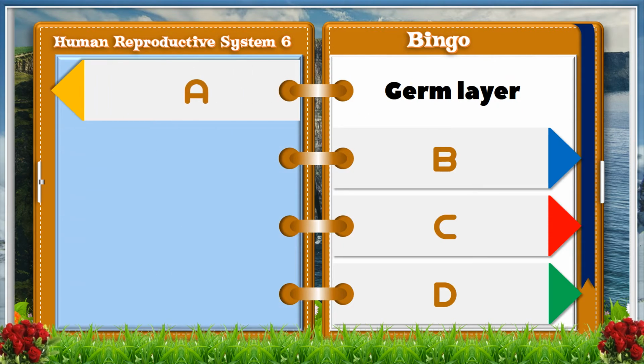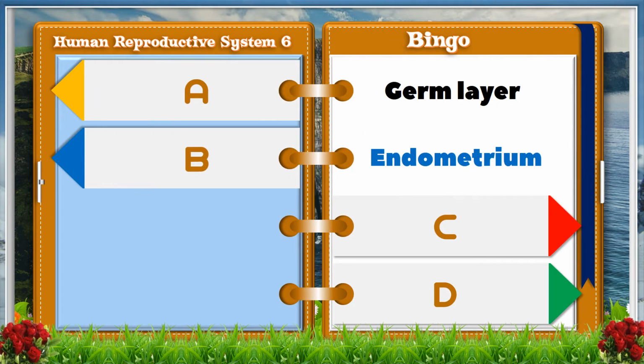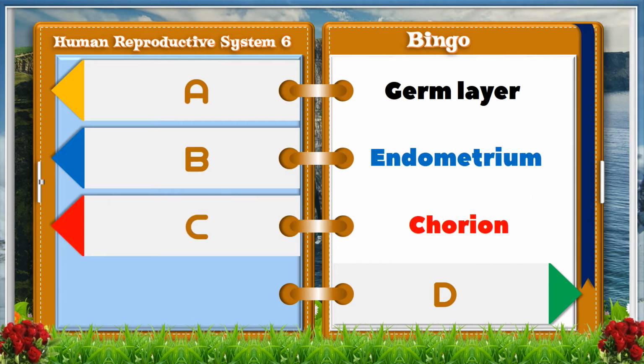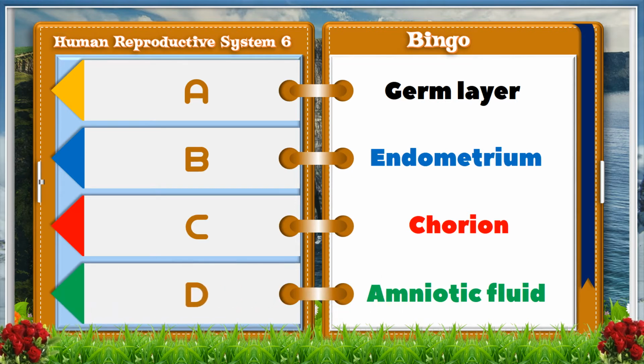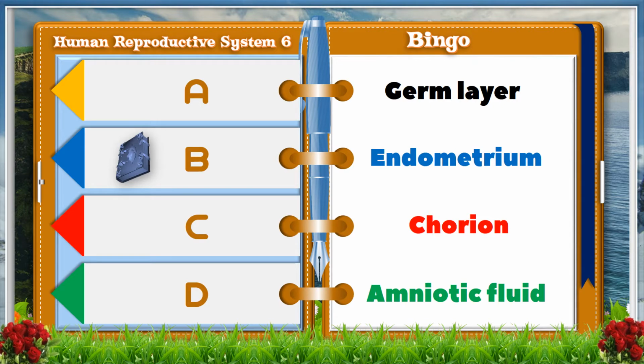A. Germ layer. B. Endometrium. C. Chorion. D. Amniotic fluid. And the answer is B, Endometrium.